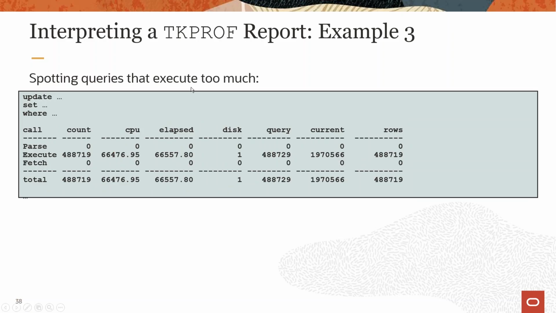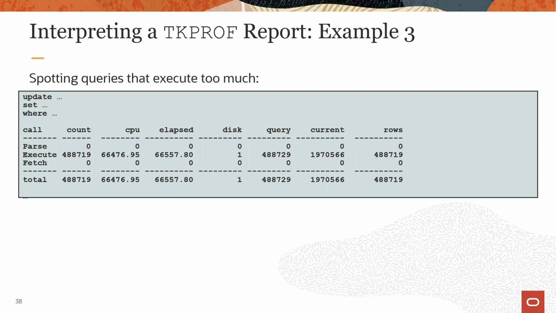Also, you have here parse, execute, and fetch statistics for an update statement. Now, what I see is that this update statement has been executed roughly 490,000 times, and that in total 490,000 records have been updated. That means for every execution of this update, 1 record has been updated.